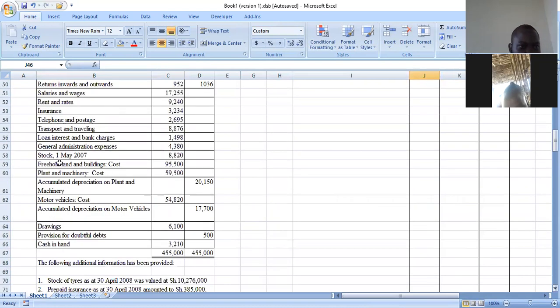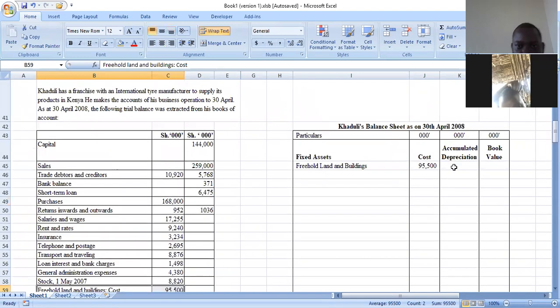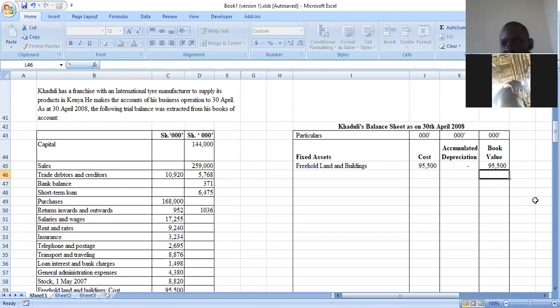The accumulated depreciation of freehold land and buildings, we haven't been given, so it's 0. Therefore, its book value is 95,500 minus 0. The book value of freehold land and buildings is 95,500.